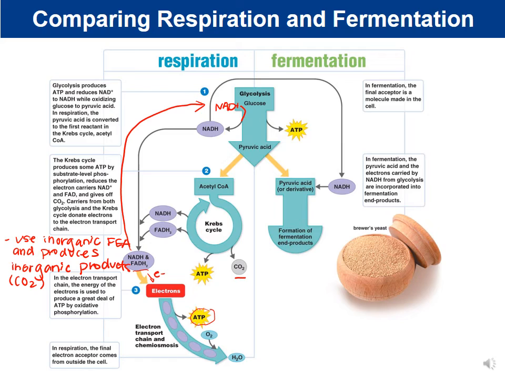So in respiration, the way that we regenerate the NAD+ to keep this going is that the electron carriers need to be able to drop off electrons at the electron transport chain. So again, if O2 is not available, then the electron transport chain can't go. And if the electron transport chain can't go, we can't get ATP, and we get this buildup of these reduced electron carriers, meaning we get a lot of NADH and FADH2 in the cell because they can't drop off their electrons. We would run out of NAD+.